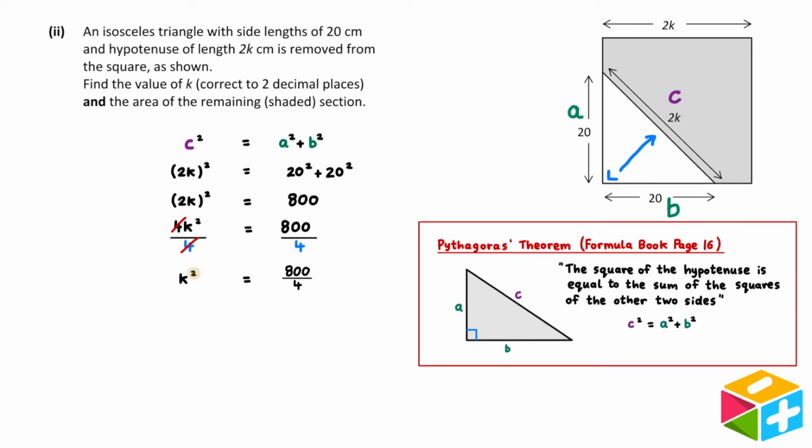Now, I'll need to remove the square. The inverse of a square is a square root. So to remove a square, I should square root both sides of the equation.